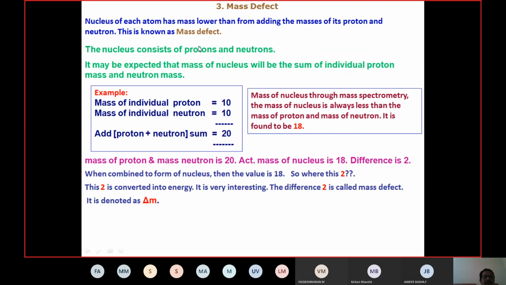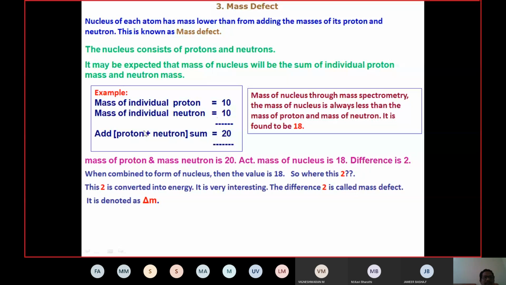As I know, the nucleus consists of protons and neutrons, so it may be expected that the mass of the nucleus will be the sum of the individual proton mass and neutron mass. For example, suppose the individual mass of protons is 10 and the individual mass of neutrons is 10.